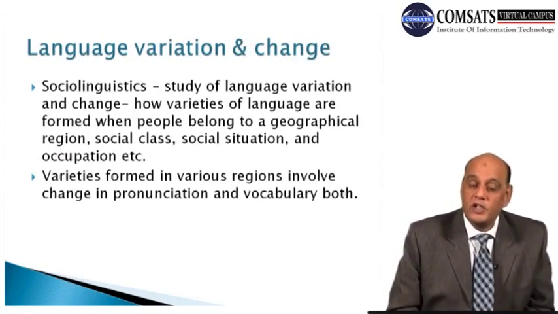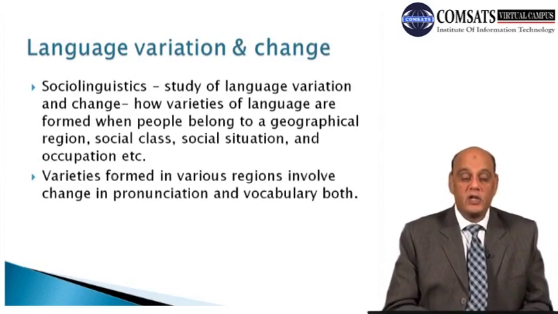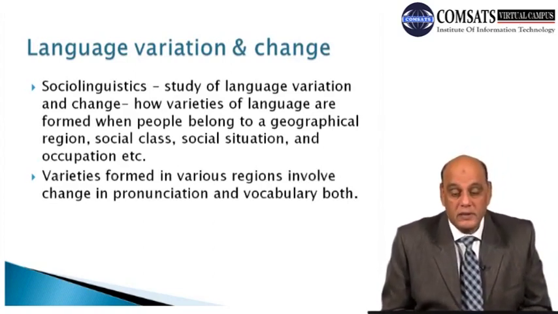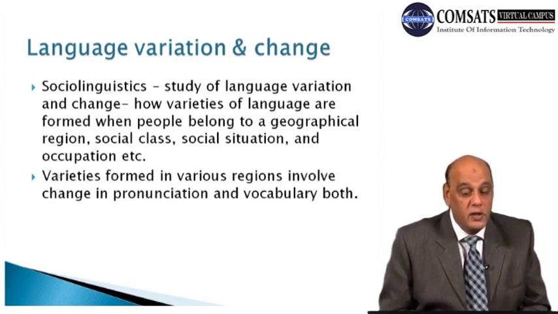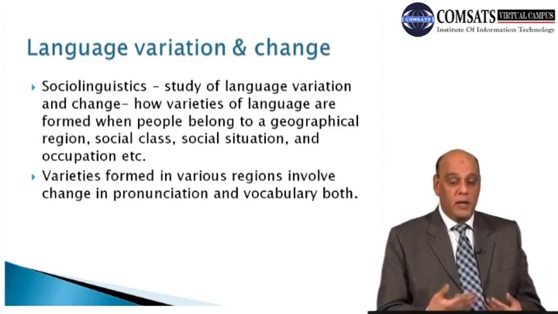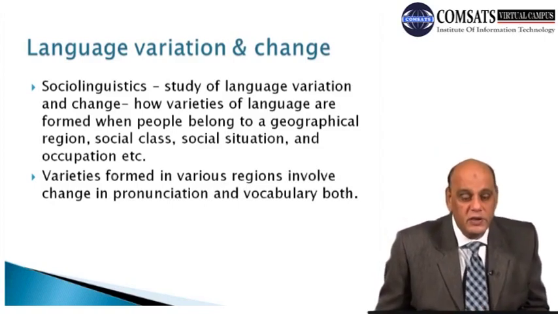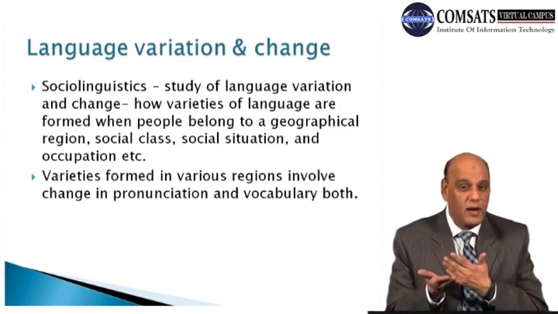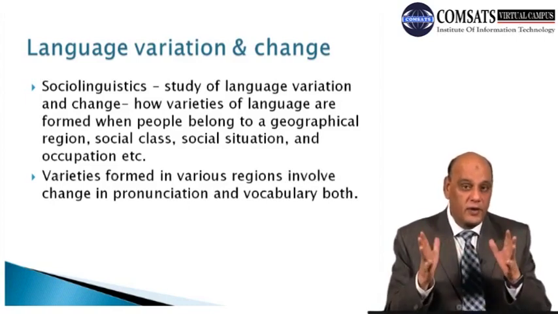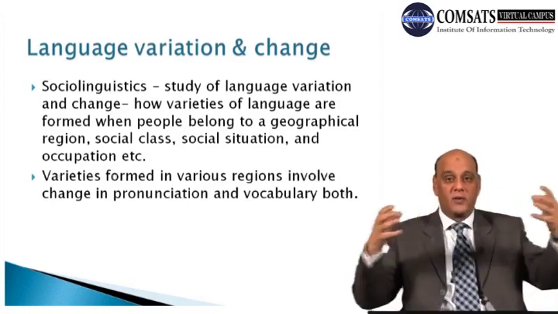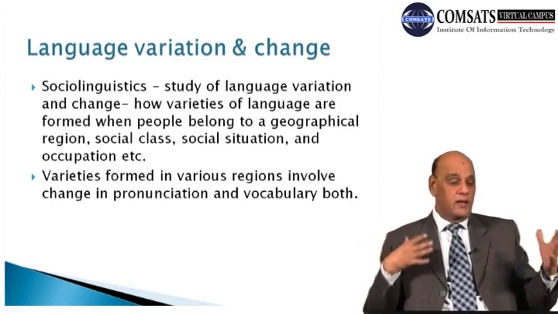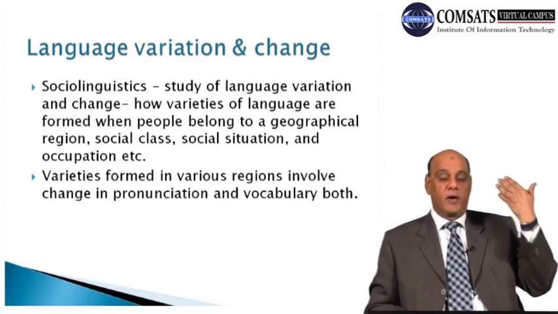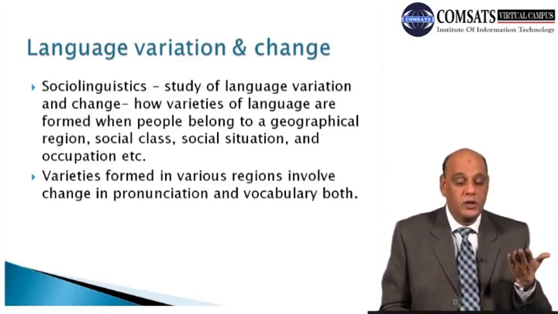Sociolinguistics is the study of language variation and change: how varieties of English are formed when people belong to a geographical region, social class, social situation and occupation. People belonging to different geographical regions, social classes and social situations have different languages, because there is definitely an impact of languages coming from different areas on each other, and finally you may have a different variety or a different language.